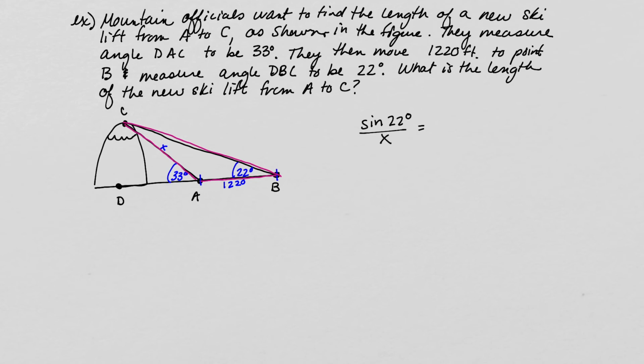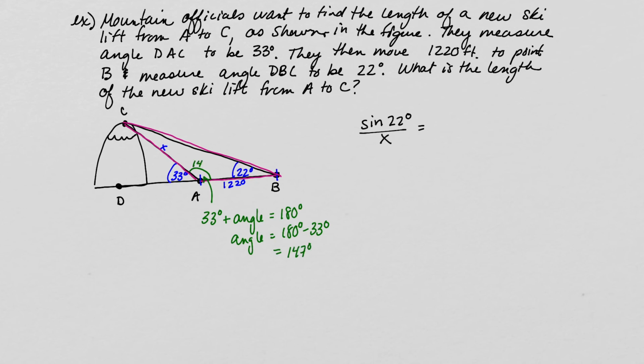One of the first things to notice is that here we can figure out what this angle is. Together, the 33 degrees plus that angle has to equal 180 degrees because it makes a straight line, which means that angle there is going to turn out to be 180 degrees minus 33 degrees, or 147 degrees.